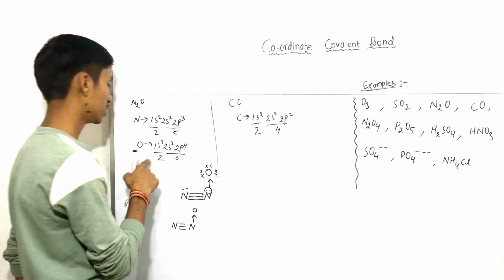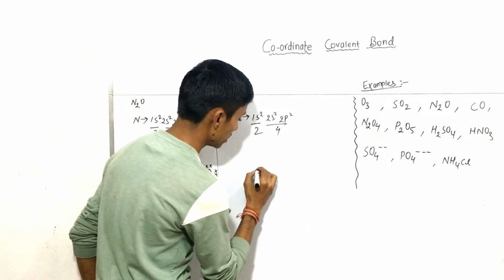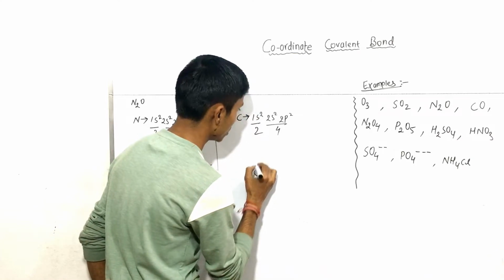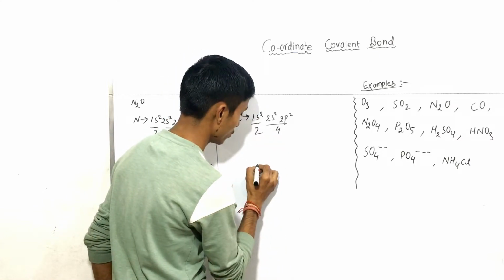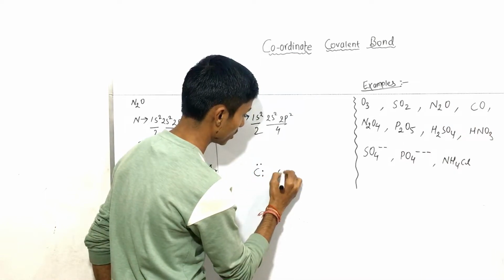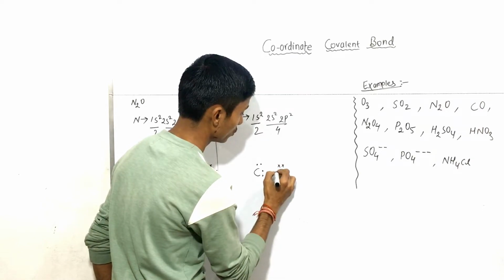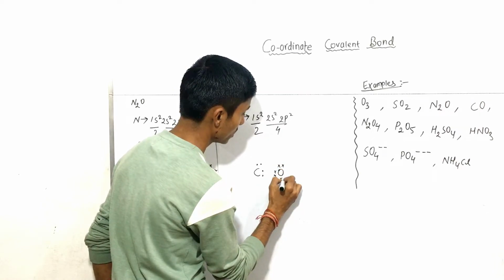And for oxygen here we can see 6 valence electrons, and here we write the carbon atom's 4 valence electrons, 1, 2, 3, 4. And here for the oxygen atom 1, 2, 3, 4, 5, 6.